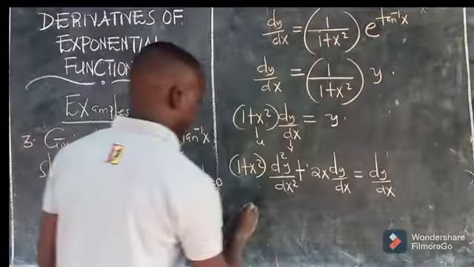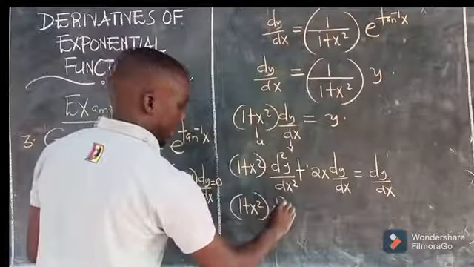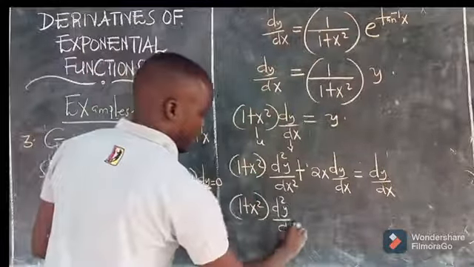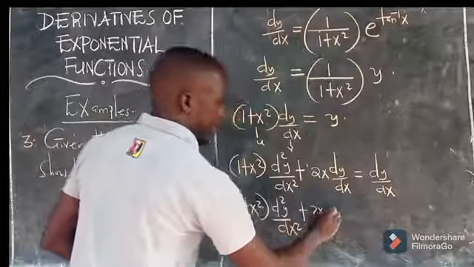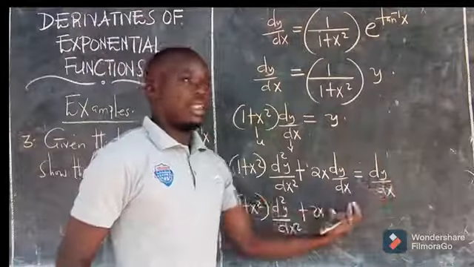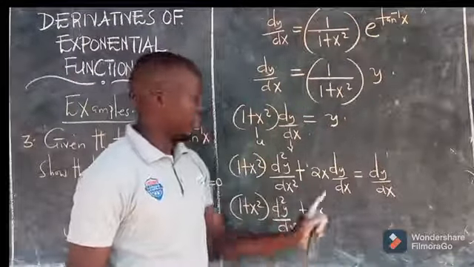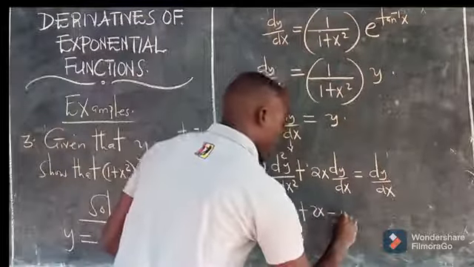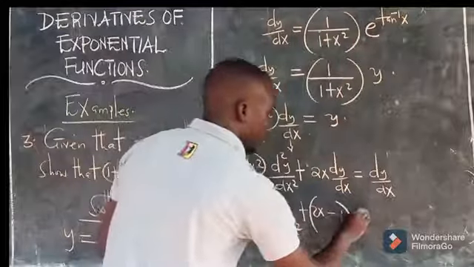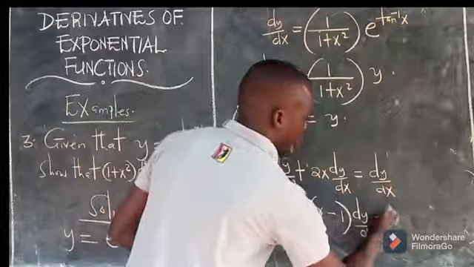So at the end of the day, we shall have 1 plus x squared times the second derivative, plus 2x. I'm going to bring the dy/dx this side, so that now we have dy/dx as a common factor. When you pull it out, it will be 2x minus 1, all this times dy/dx, and the whole of that will be 0.